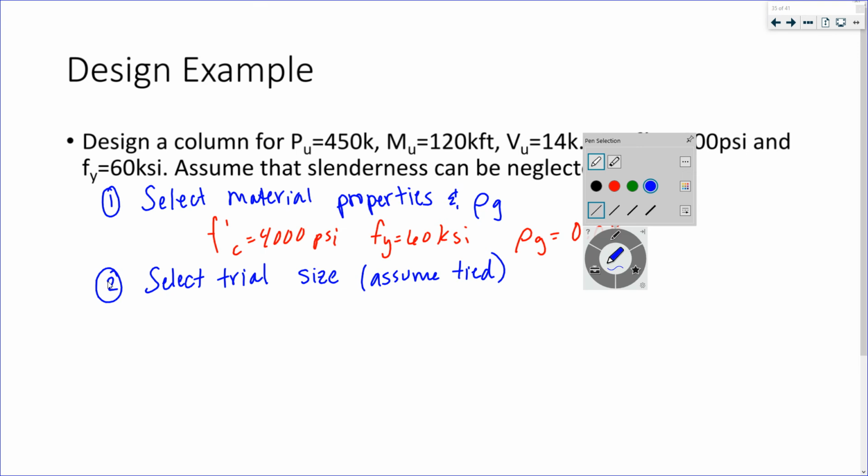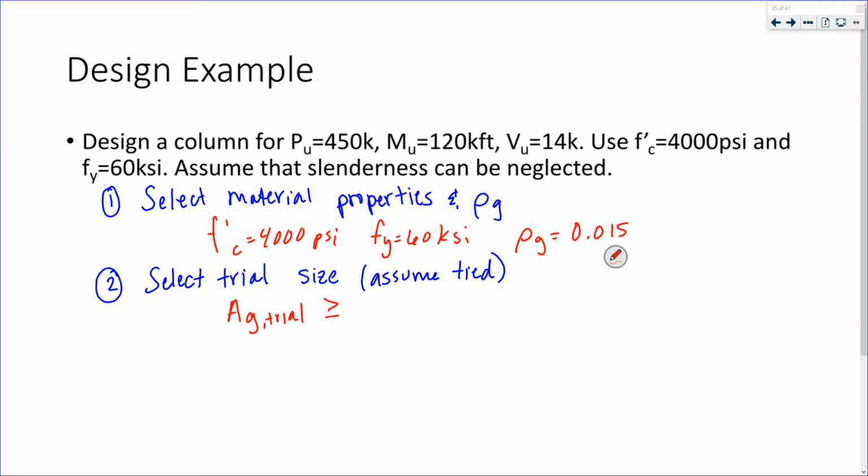So our Ag trial is greater than or equal to Pu over 0.4 times (f'c plus fy rho g).